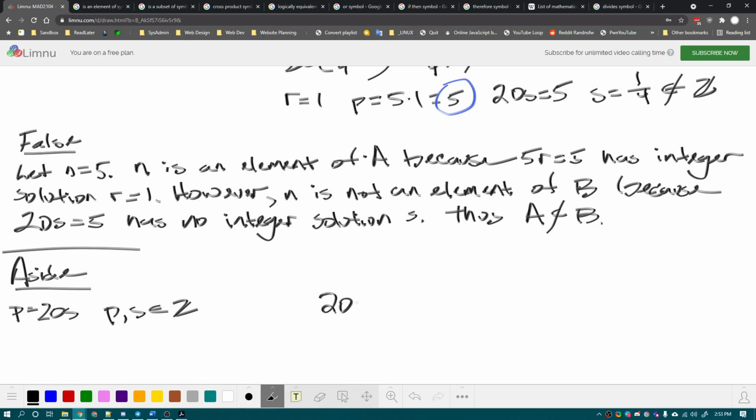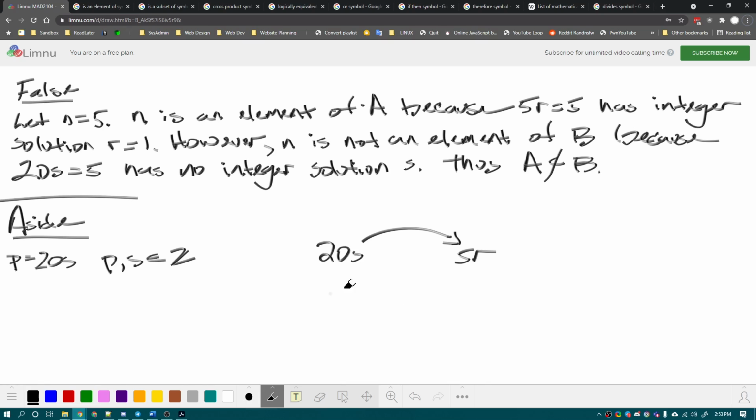I'm starting with 20s, and I want my form at the end to look like 5r. So I will factor out a 5. So that's 5 times 4s, which is equal to 5r, where r equals 4s is some integer. So what I'm claiming here is that every b is an a. That's what this proves.